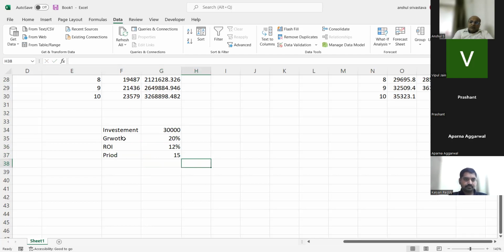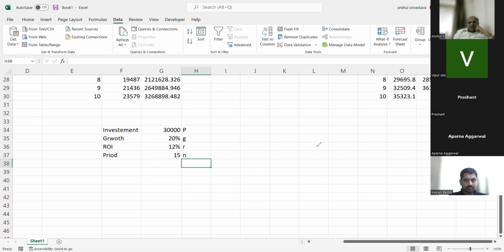For this we can apply the formula I just told you. In this case, P is this, G is this, R is this, and N is this. So if we apply the formula you have just noted, what was the formula? Let me write it again.